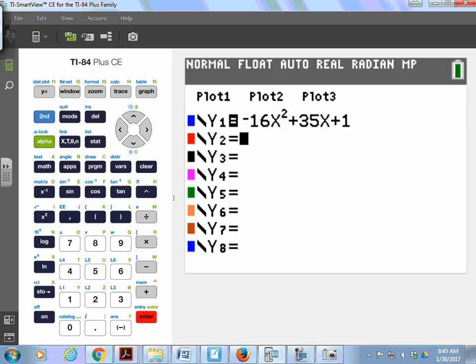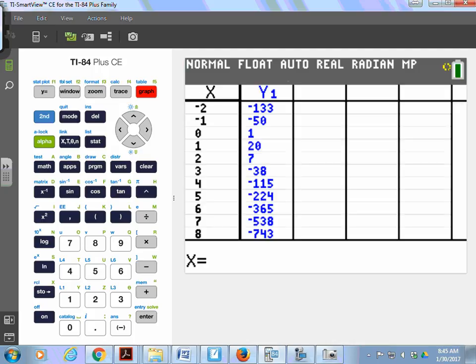Right? And where's the easiest spot to find this out? Where should I go? A table. All right. All I have to do is go to the table. And the big question is really, what's the vertex?